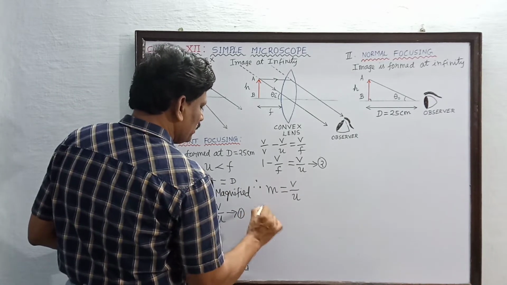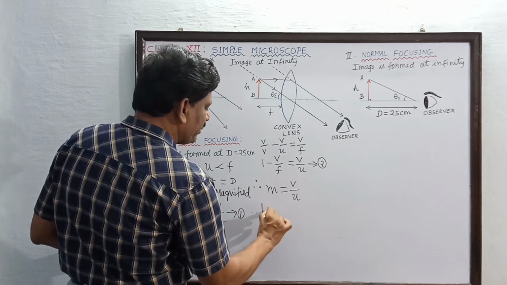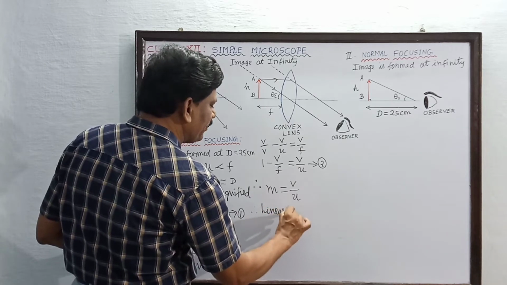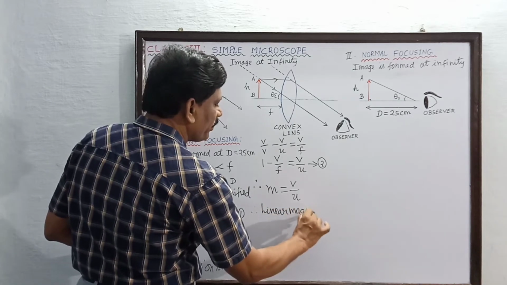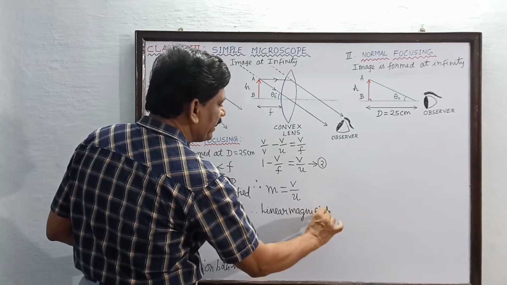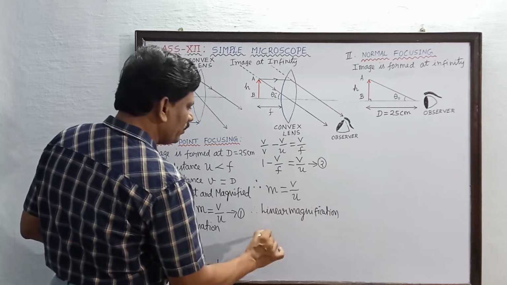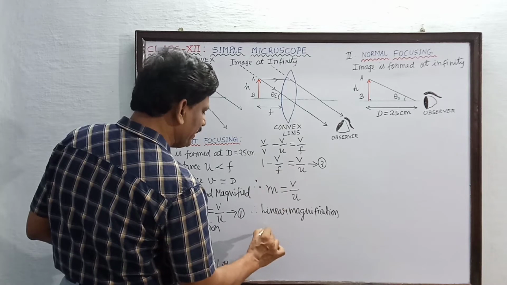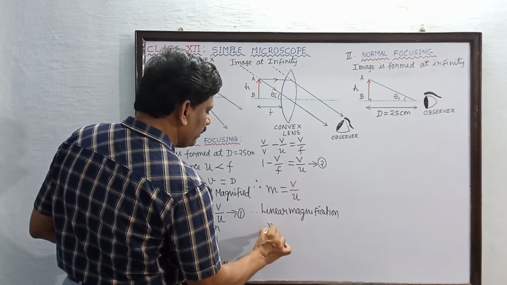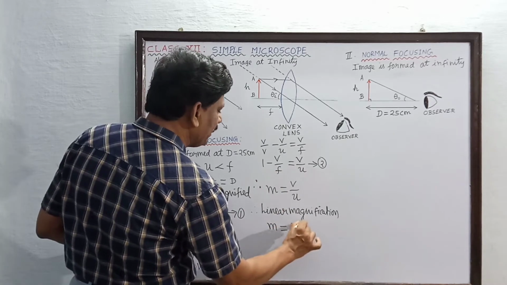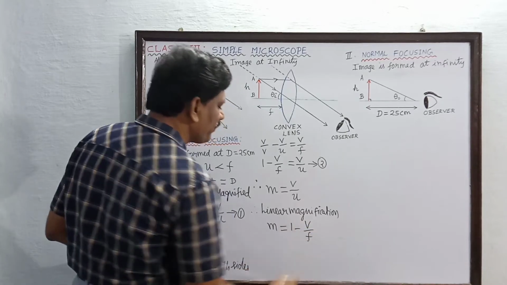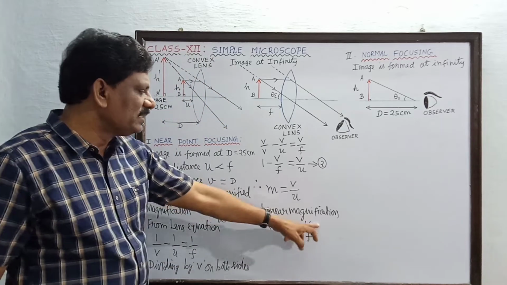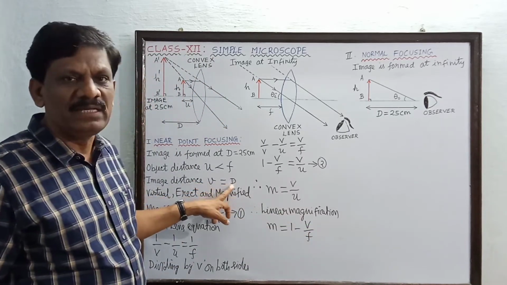Therefore, the linear magnification is given by m equal to 1 minus v by f. But what is the image distance? Actually it is equal to D in magnitude.